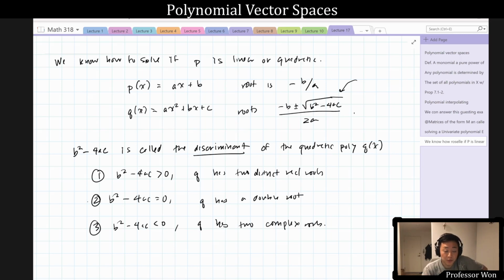If you have a degree 4 polynomial, a quartic in one variable, it turns out that there are actually formulas that will tell you the roots of a quartic. But you really don't want to memorize those because I don't think anybody really can. They're like several pages long. If you look on the internet, solutions to a cubic, solutions to a quartic, you'll see that formulas exist, but no one really memorizes them.